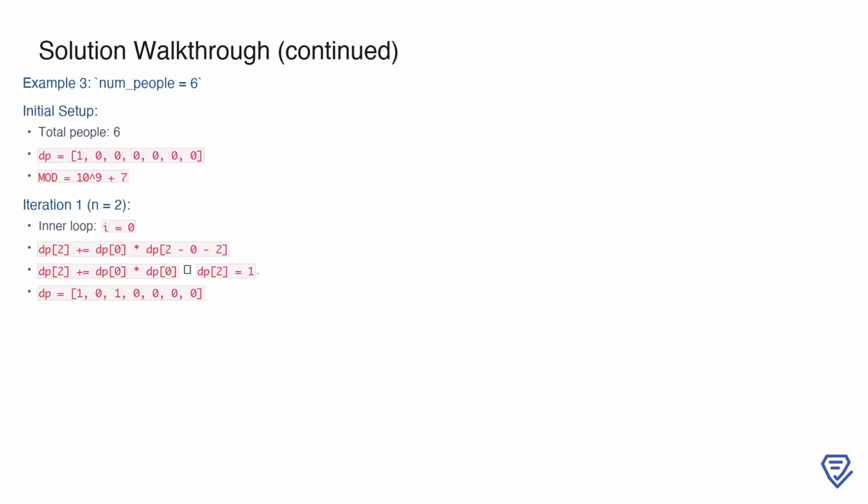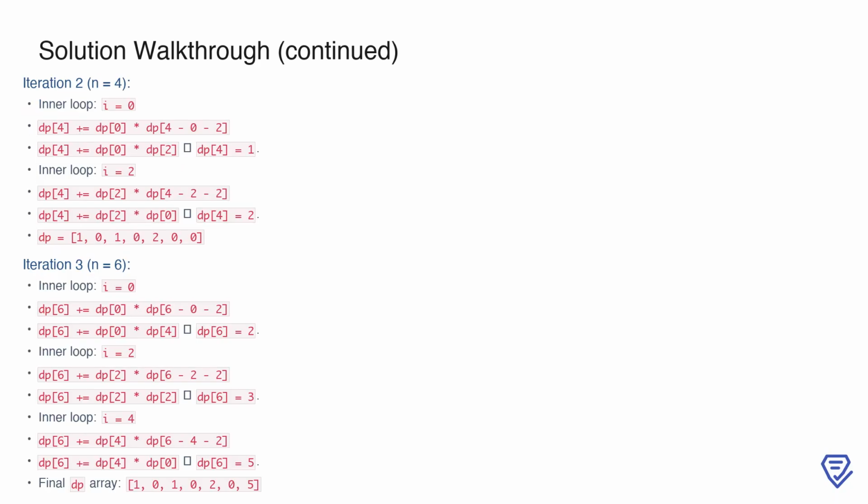Using the formula dp 2 plus equals dp 0 asterisk dp 0, we find that dp 2 equals 1. After this step, the DP array updates to 1, 0, 1, 0, 0, 0, 0. This concludes the computation for n equals 2 in this example, setting the stage for further iterations.